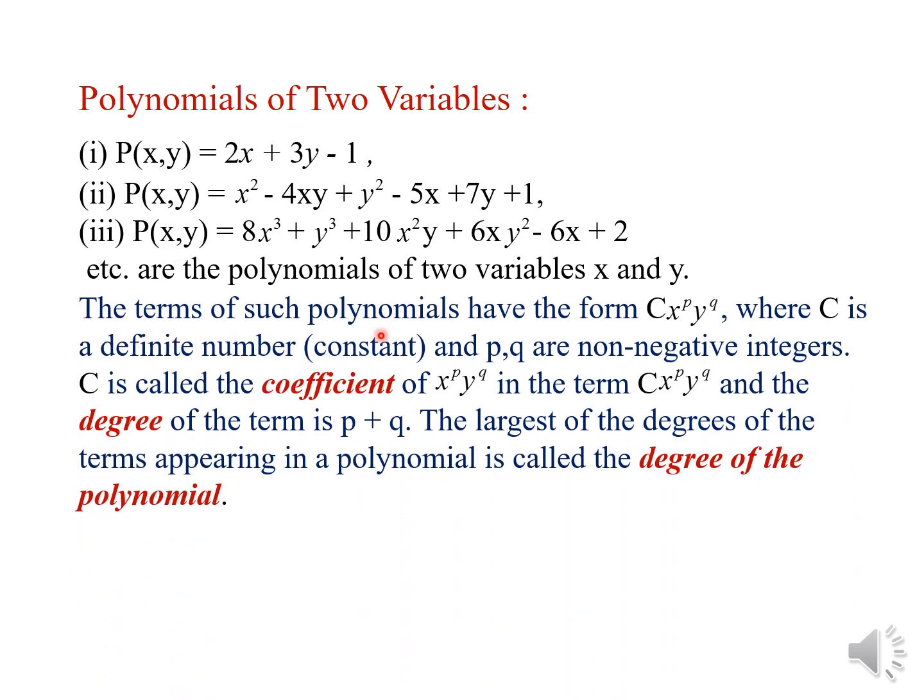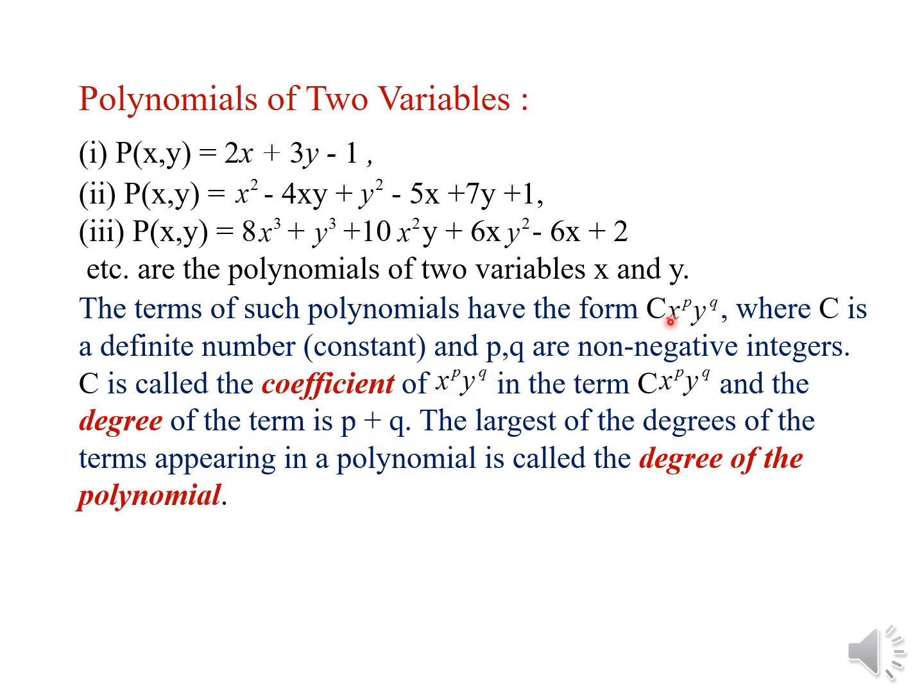The terms of such polynomials have the form c times x to the power p y to the power q, where c is a definite number, that is, a constant, and p and q are non-negative integers. Again, these two powers must be non-negative integers. c is called the coefficient of x to the power p y to the power q in the term c x to the power p y to the power q, and the degree of this term is p plus q.